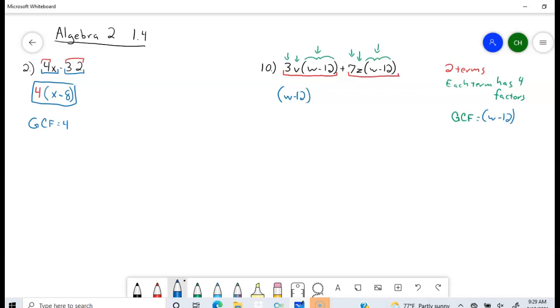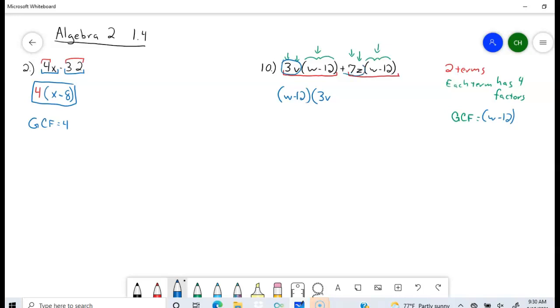All right. So now, what do I have to multiply w minus 12 by to get back to 3v times w minus 12? Well, I'm missing the 3v, right? I'm missing this part right here. What do I have to multiply w minus 12 by to get back to 7z?